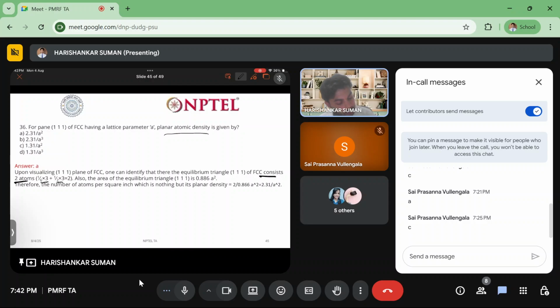and we know the equilateral triangle area, 0.866 a square. The area will be the equilateral triangle area on the XYZ axes.